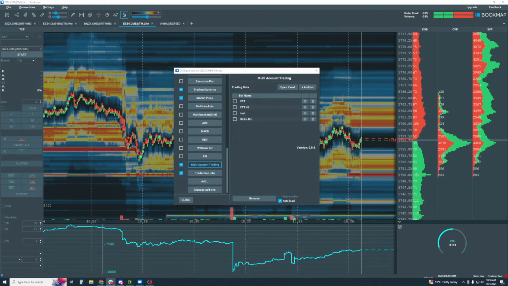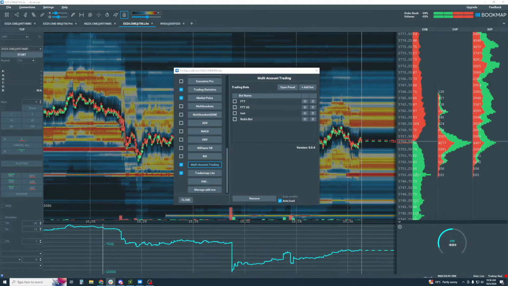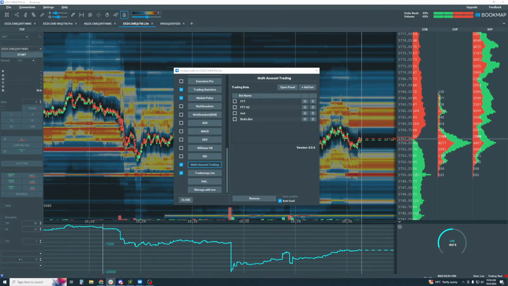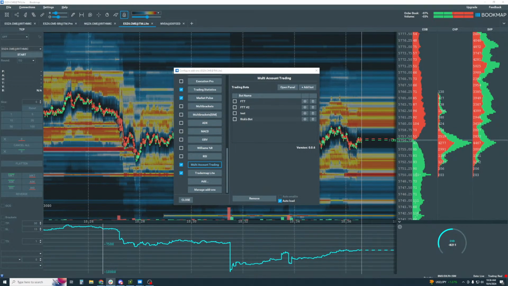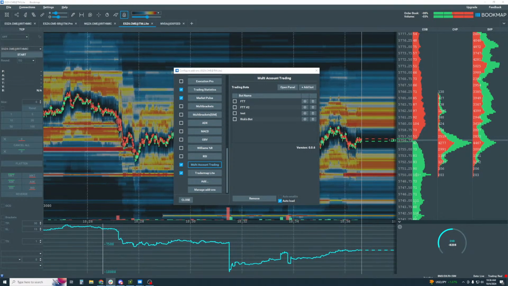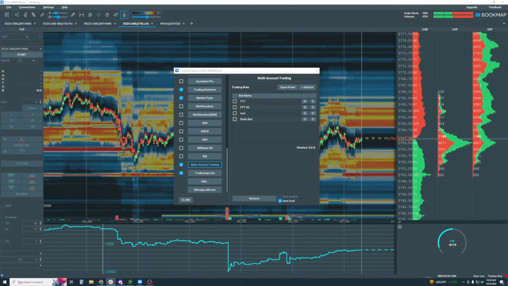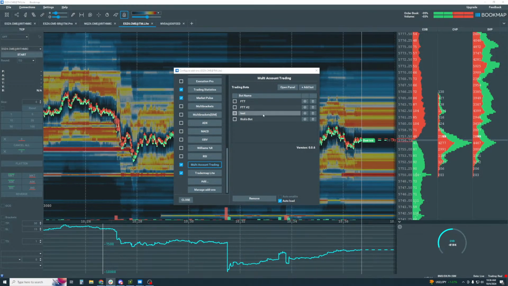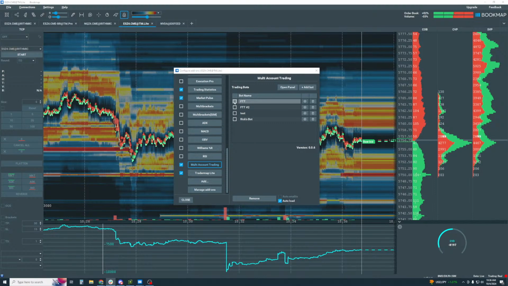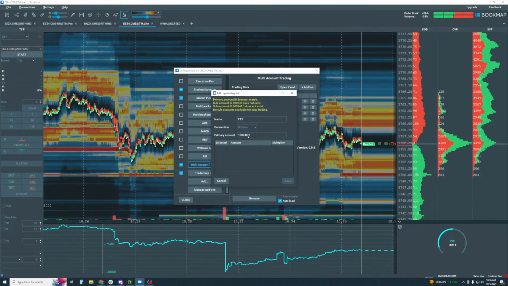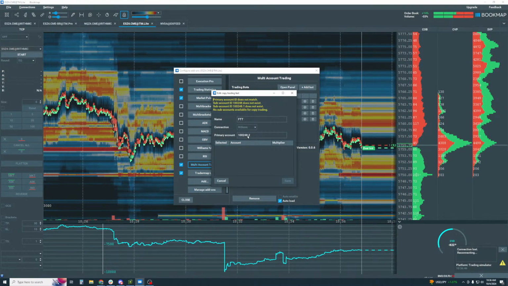Might be another way to do this here. No, not at this point. Oh, guys, I'm sorry. Well, we can definitely at least connect to the primary account here.